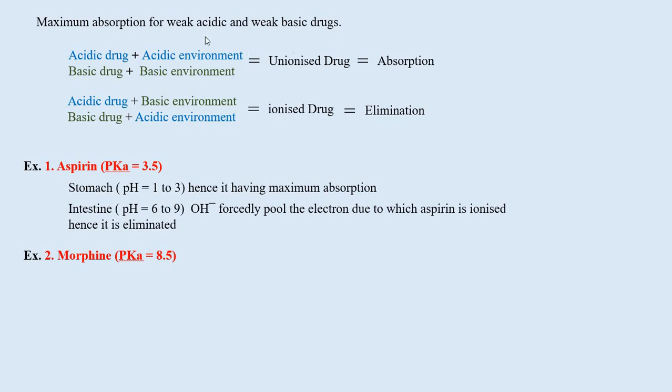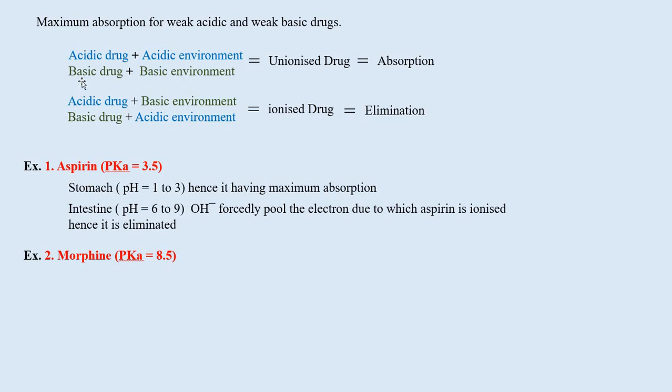Here the simple funda is like dissolves like. But counter to that, if an acidic drug is given in a basic environment, then most of the drug gets ionized, and that drug is maximally eliminated from the body.